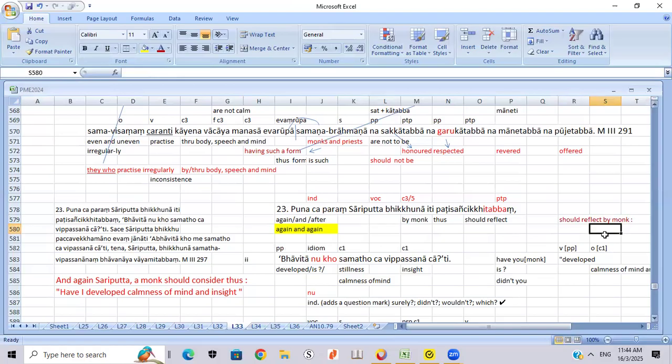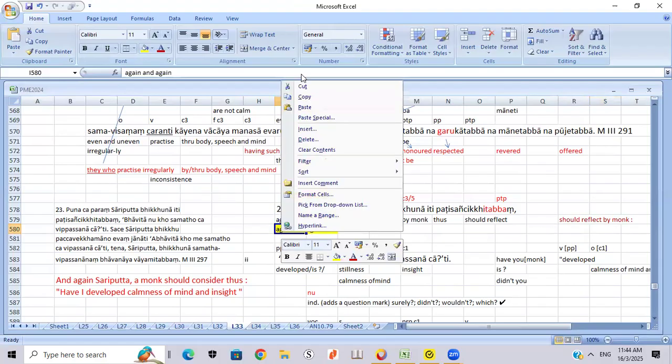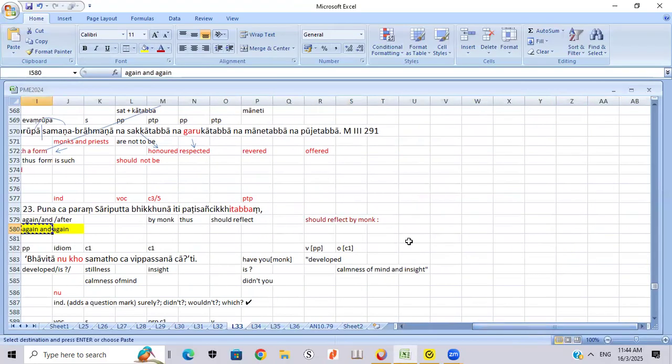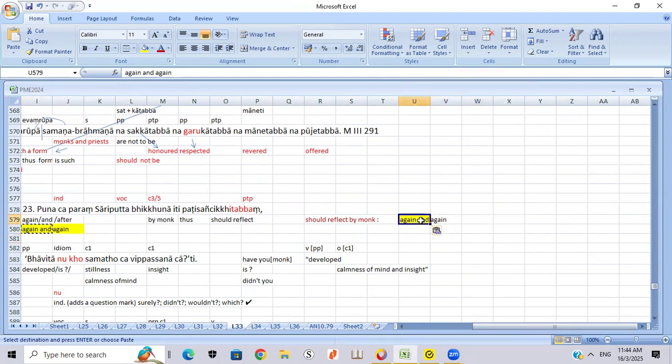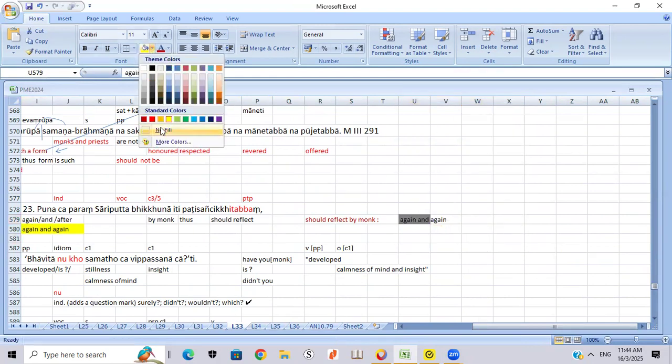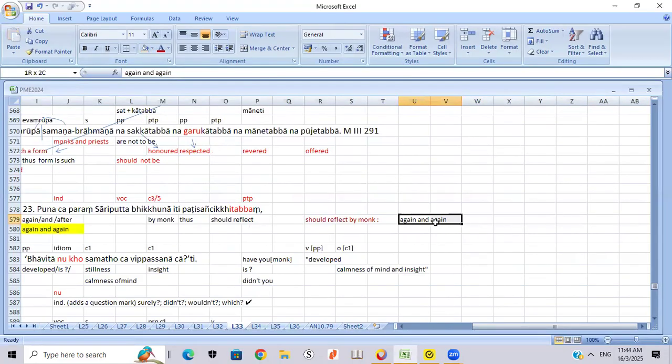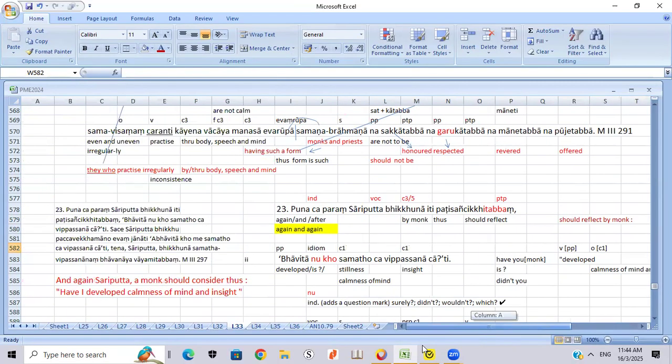Then you can put again and again. Whether you put it in front, I think better to put at the back. Should be reflected by a monk again and again. Then how are you going to do it? I don't know yet.